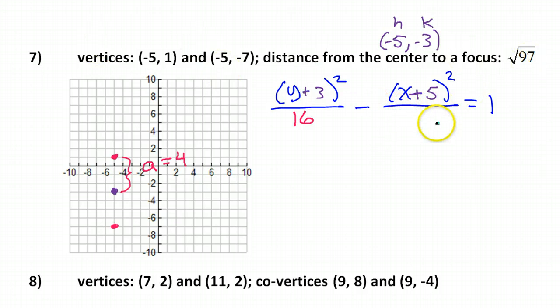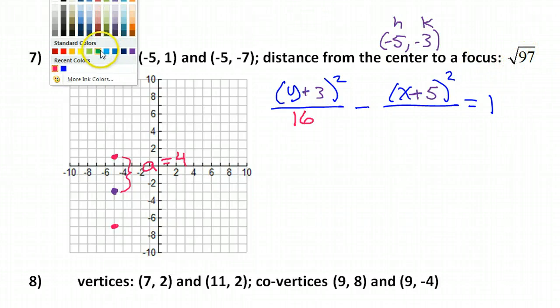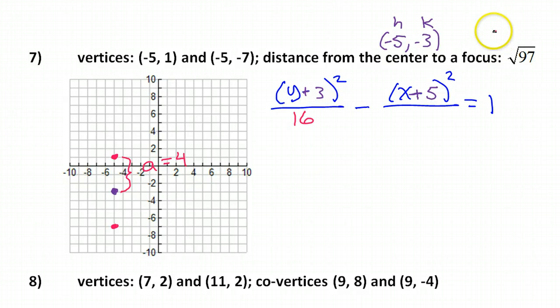Nothing up here tells me that, but they did tell me that the distance from the center to the focus is 97. The distance from the center to the focus is also known as the c value. So they're telling us that c equals the square root of 97. Let me just recopy that. C equals radical 97.